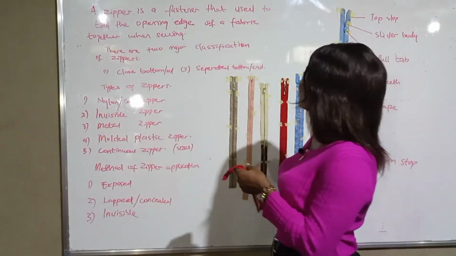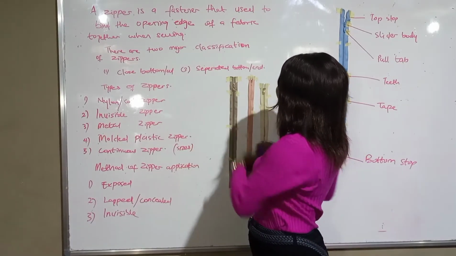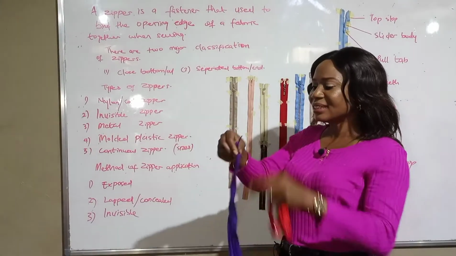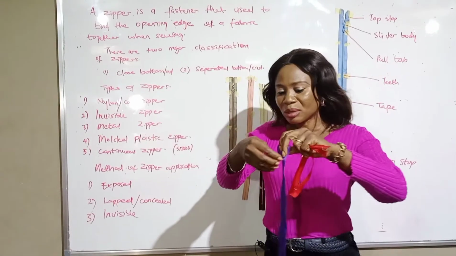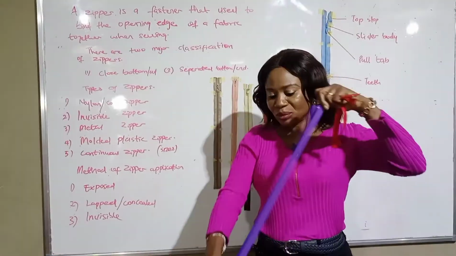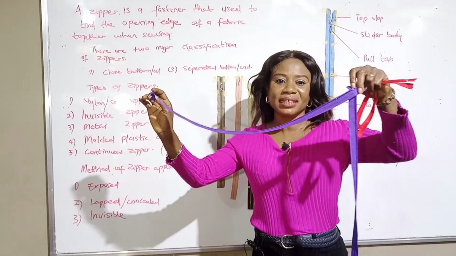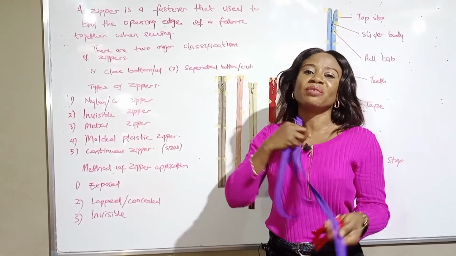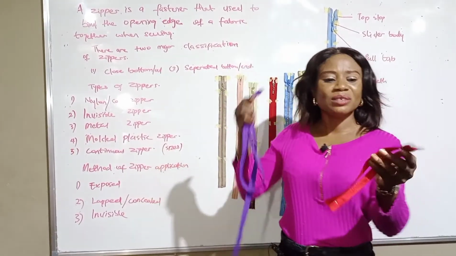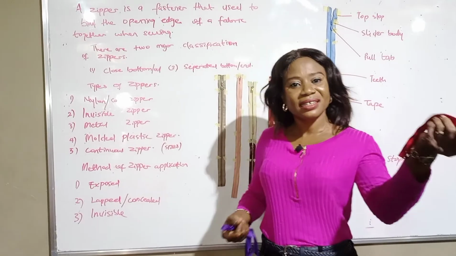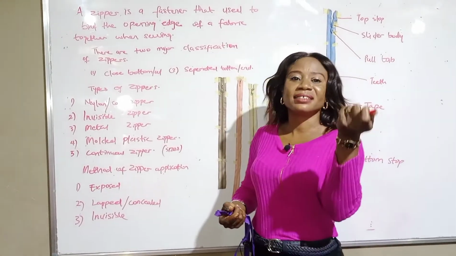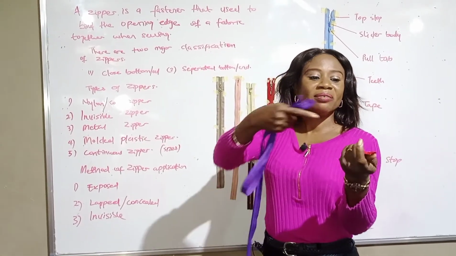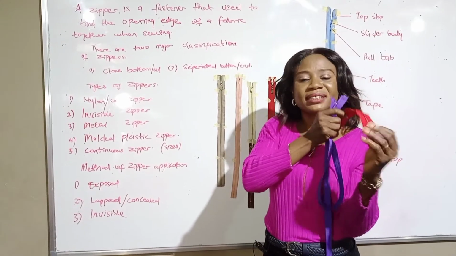And the other type of zip is the zip that has a separated bottom end. These are the kind of zip that has a separated bottom end. As you zip it down to the very tip, the two get separated. These are the kind of zip that you find mostly in jackets. The other one you find mostly in dresses, in trousers, in skirts. They don't have an open end, they have a closed end.